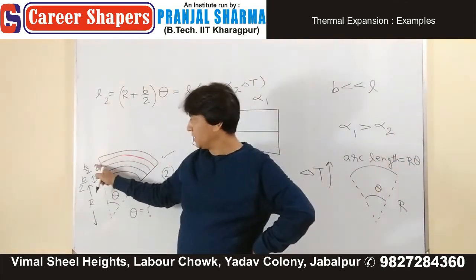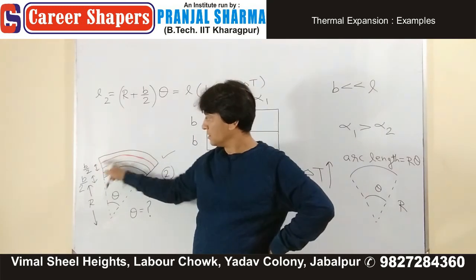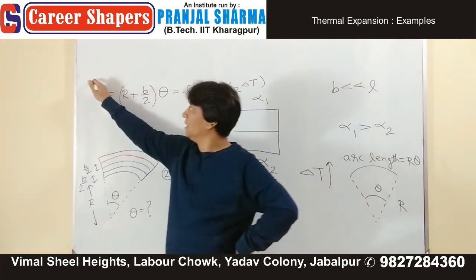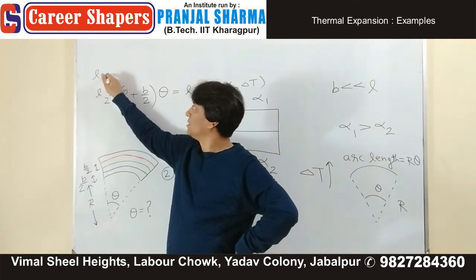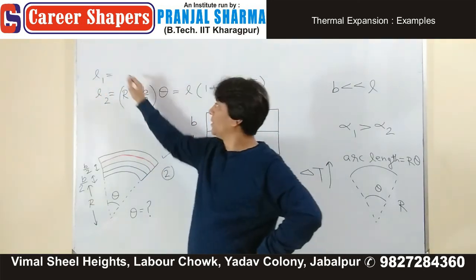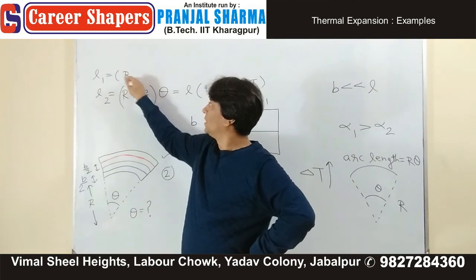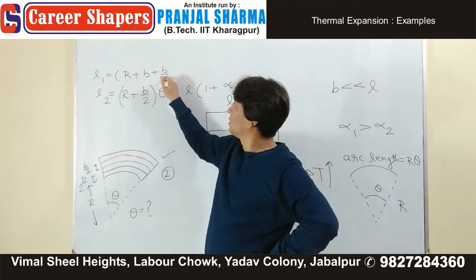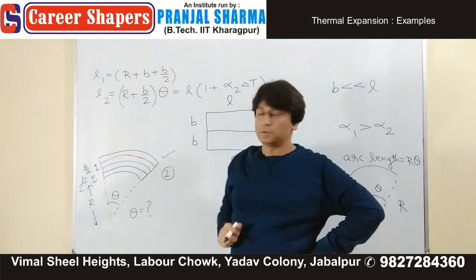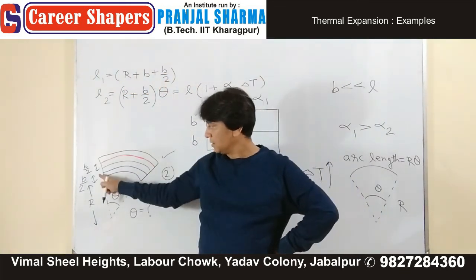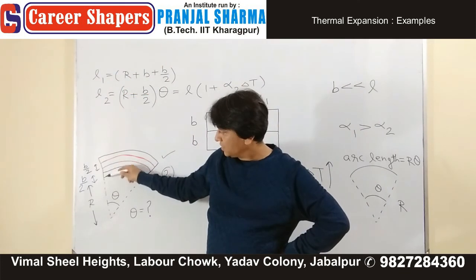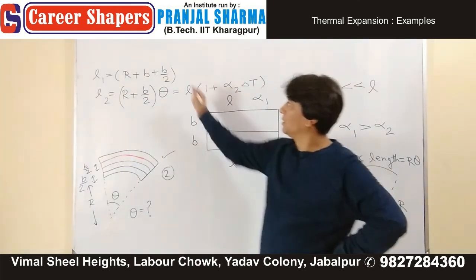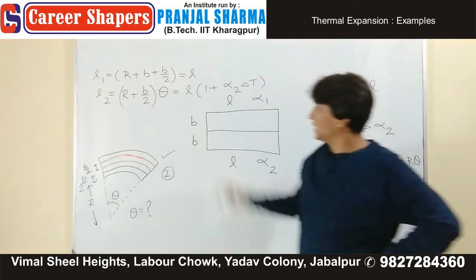Similarly, we can find L1, final length of the upper plate. Let that be L1. What is the radius of the upper plate? R plus B plus B by 2. R, then add this thickness B and then the average B by 2. Original length is what?